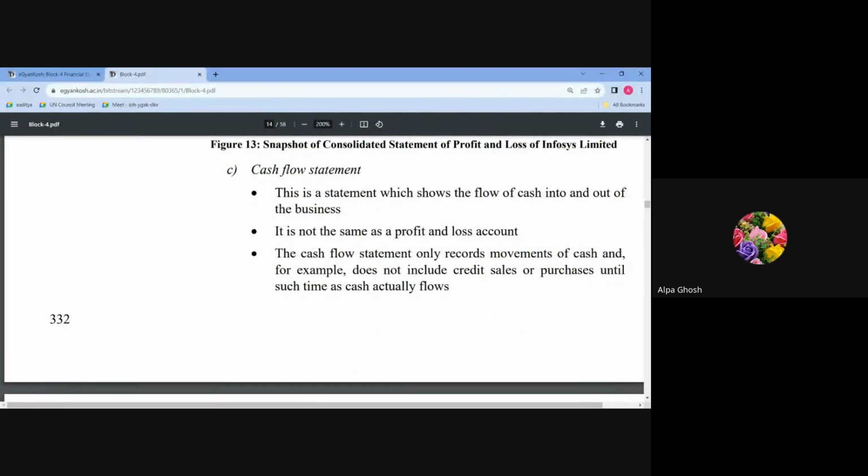The third part is your cash flow statement, which we have done in the first block also. Cash flow statement gives you a clear picture about the position of your cash on a particular day. Position of your cash means after taking into account all the cash incomes, that is inflow, minus all the outflow of cash.